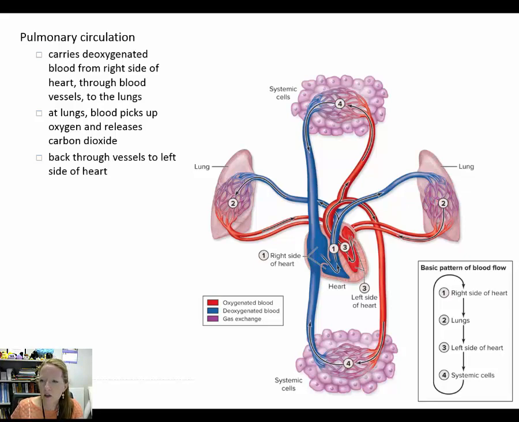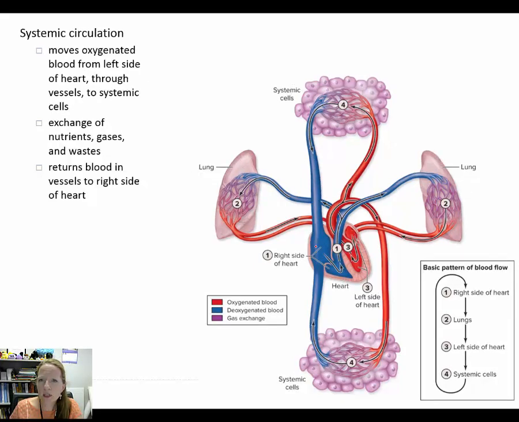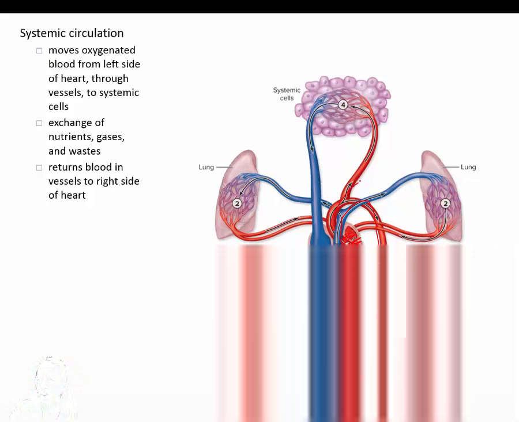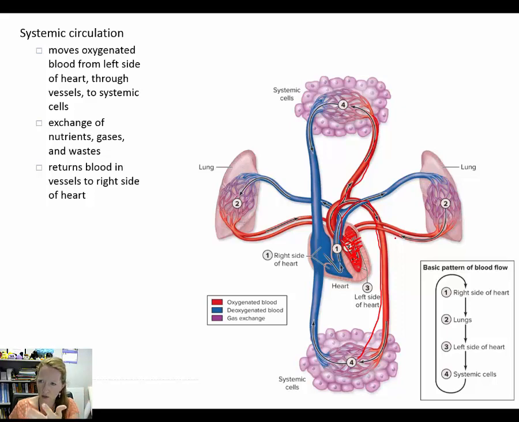Now, if we take a look at what the systemic circulation is, this is more about getting that oxygenated blood that we just picked up over here in the lungs. Now that it's over here on the left side of the heart, we need to get it to all of the different body cells. So systemic circulation has to do with all of the body tissues and all the body cells, or they have it here termed as systemic cells.